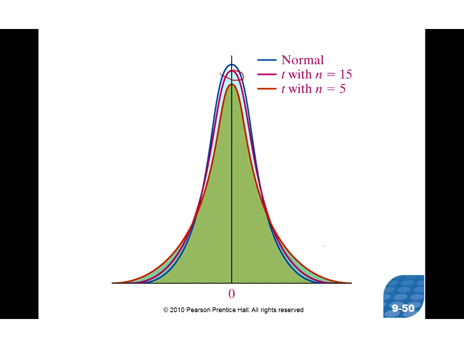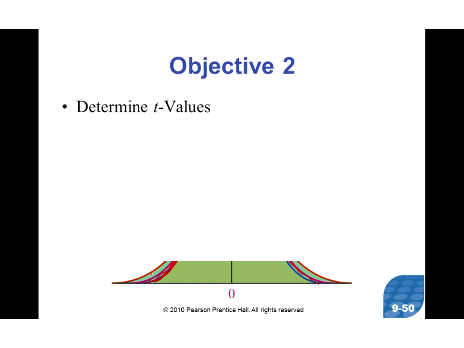But the one with n equals 15 is that second line, and it's closer to the shape of the Z than the one with n equals 5. I'm trying to draw that in for you. You can kind of see that there.